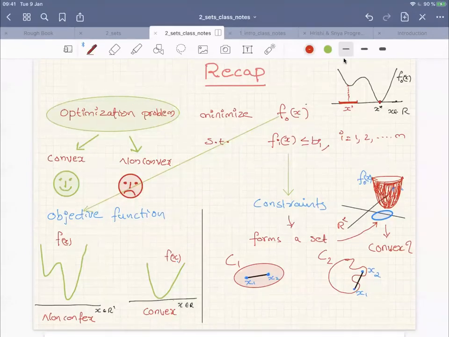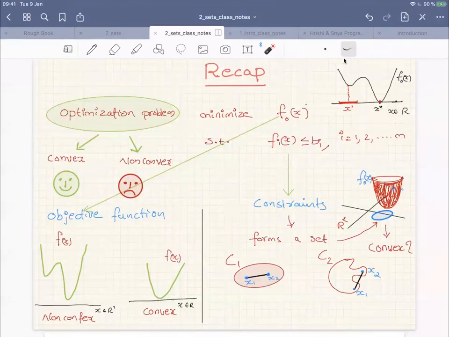What is the point here? When you add a constraint, it is not just minimizing the function. You are asking the solver that you cannot minimize over the entire real line, but you have to constrain your search to this set.